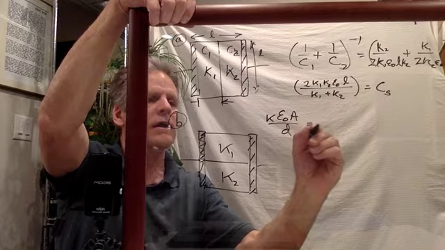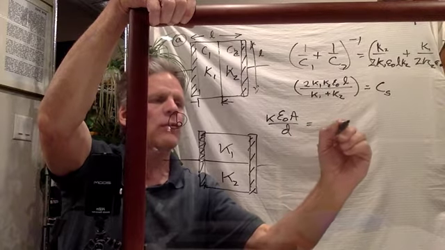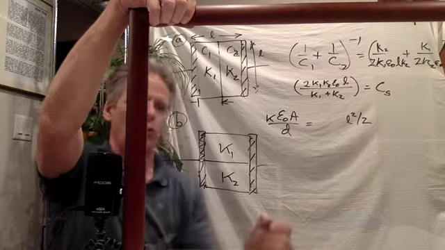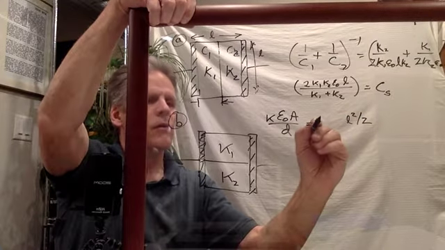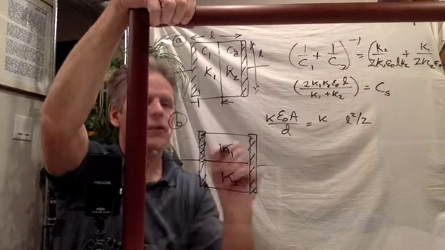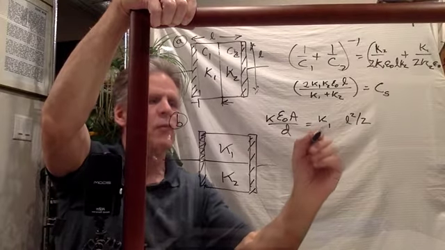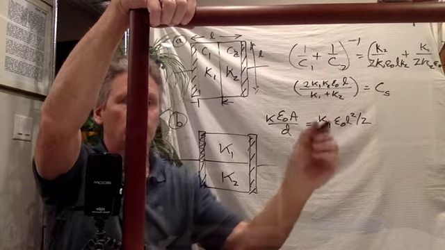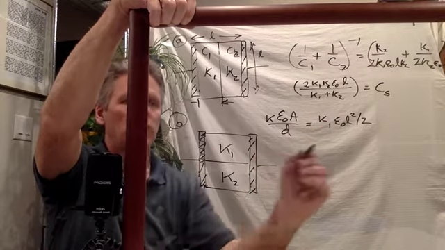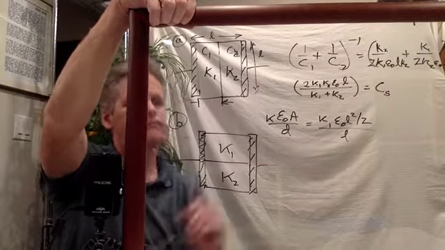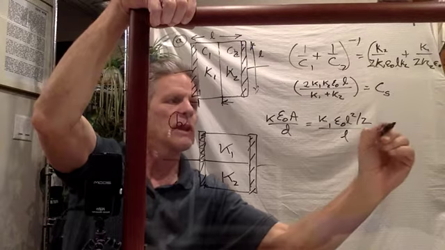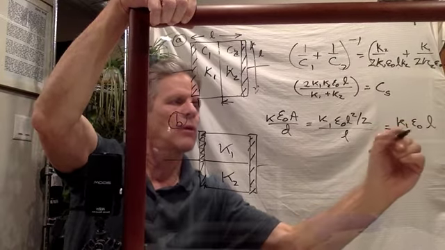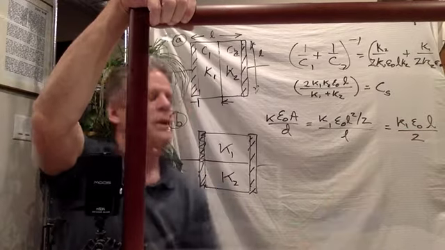So our area is going to be equal to L squared over 2. Kappa 1, I'll do it for this top capacitor first. Kappa 1, epsilon 0, A is L squared over 2, divided by D. What's D? D is just L. So what does this equal? It equals kappa 1 epsilon 0 L over 2.